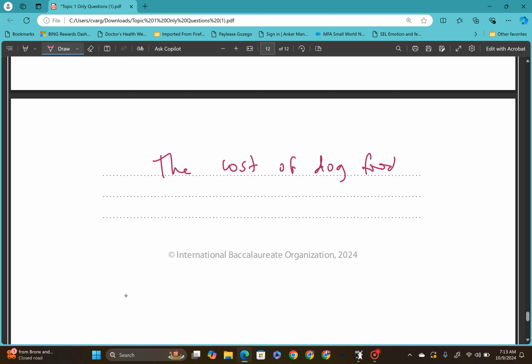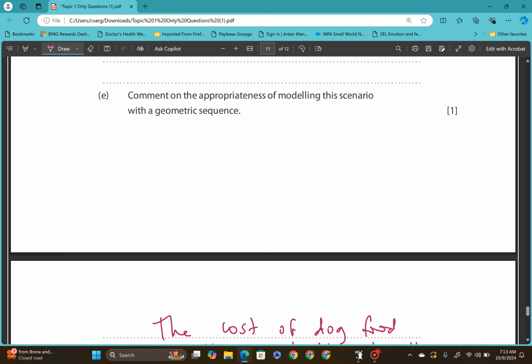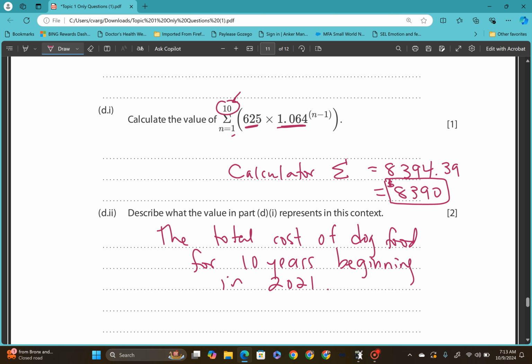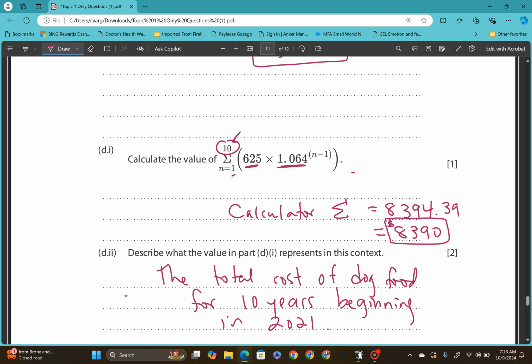The cost of dog food will eventually be too high to keep a dog, because if you think about it, it keeps on growing, right? It's going to keep growing exponentially. So eventually you're going to run out of money to feed the dog.